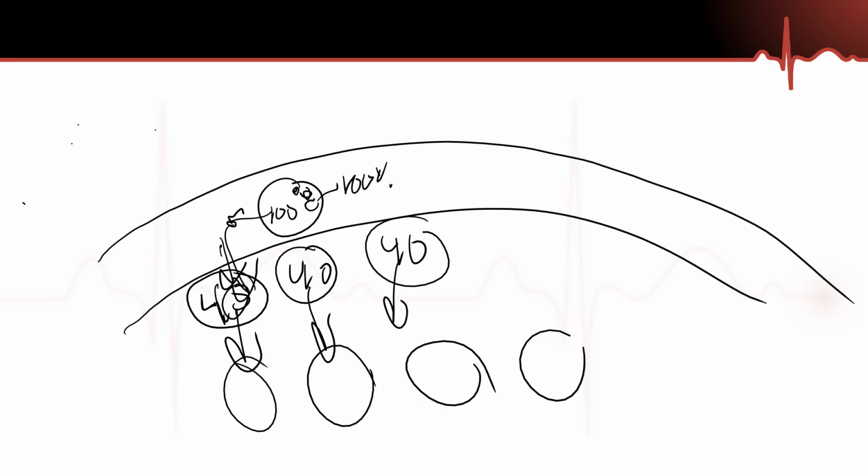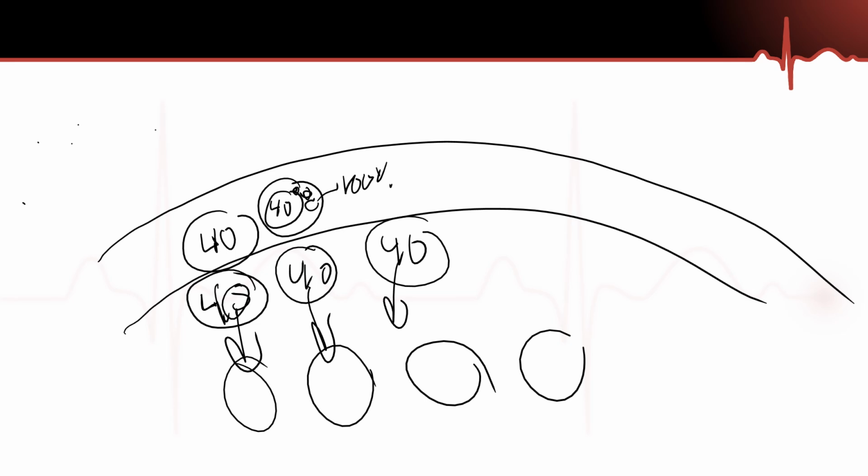And that equilibrium is going to be 40 millimeters of mercury. Eventually, the partial pressure of oxygen within the blood plasma will become 40 millimeters of mercury. The partial pressure of oxygen within the intracellular fluid of the red blood cell will become 40. They will equilibrate with the interstitial fluid. Everything will become 40.